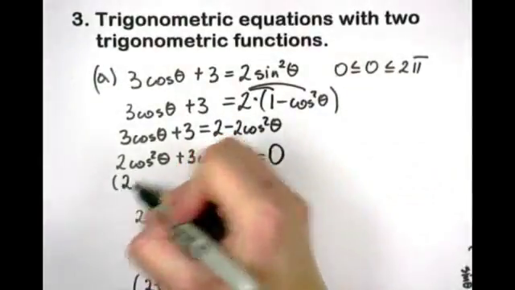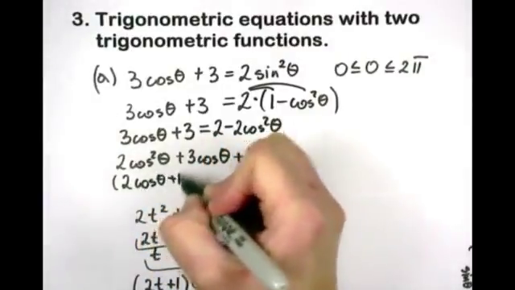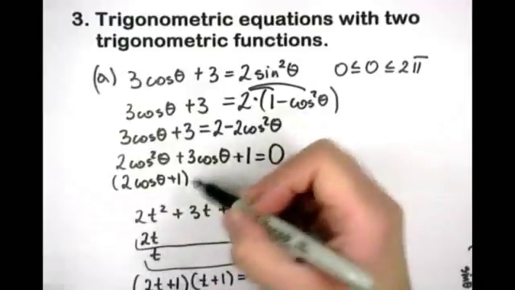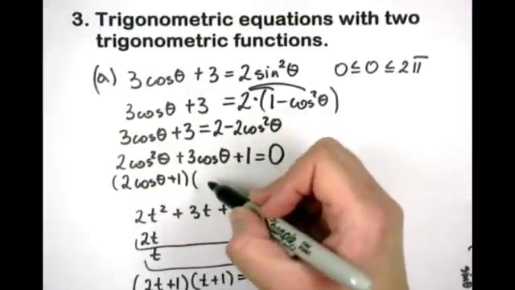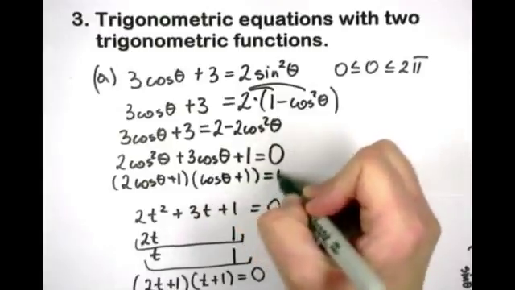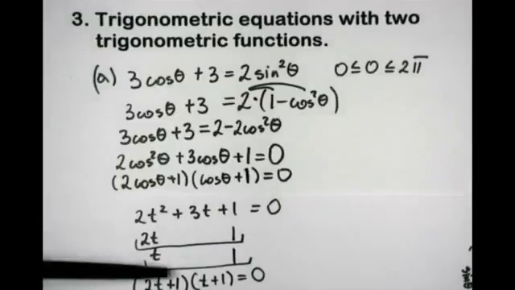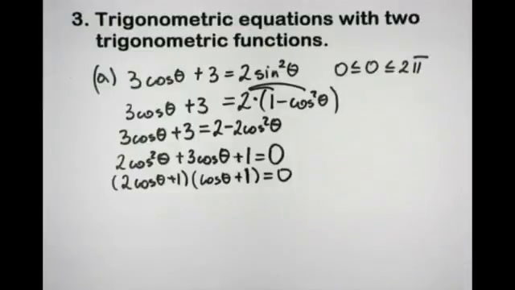We are getting 2 cos theta plus 1 times cos theta plus 1 is 0. I just rewrote this factorization on the bottom in terms of cos. Then we take each bracket to 0.